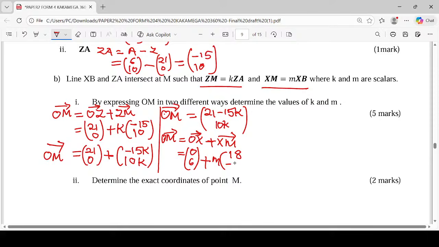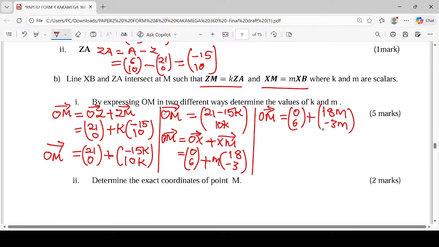Then when you reach there, you can equally proceed and say OM is like saying 6, 0 plus 18M, negative 3M.